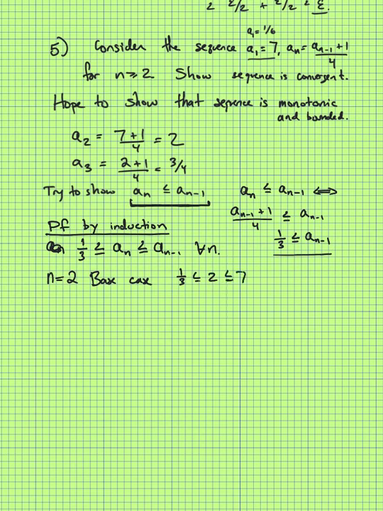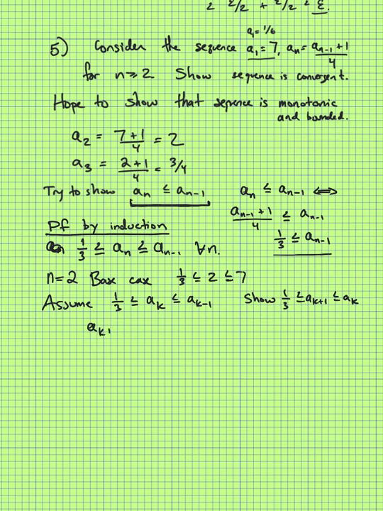So now assume that we have this, substituting k for n, 1/3 is less than or equal to a_k, less than or equal to a_(k-1). And then you want to show that this is satisfied for a_(k+1). This is going to be essentially the same computation.